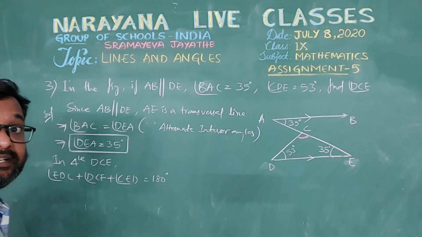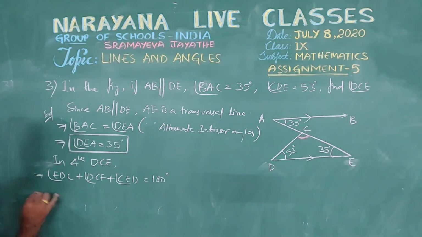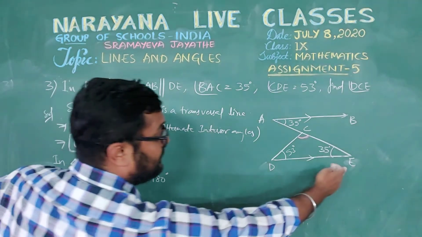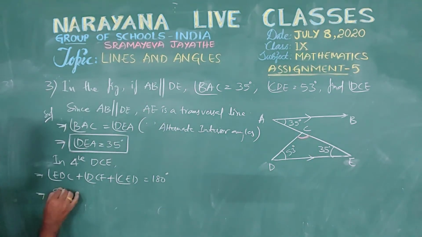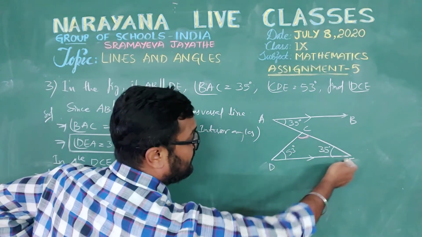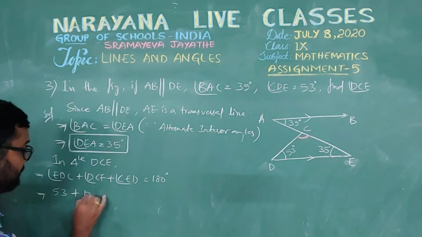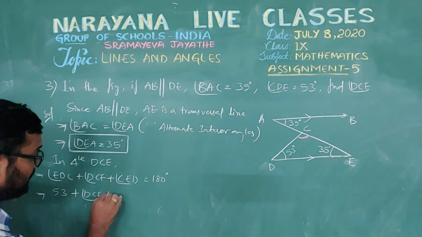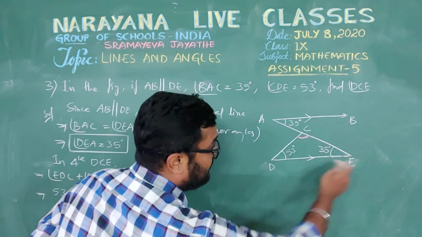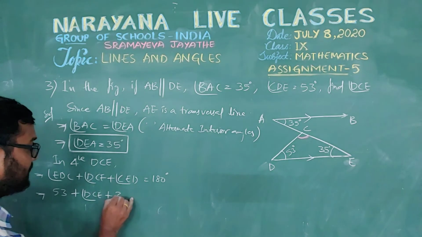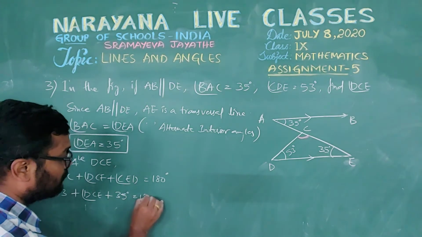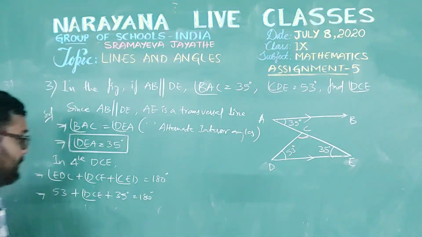Angle EDC is 53 degrees, plus angle DCE, which we need to find, plus angle CED. What is angle CED? That is 35 degrees, isn't it? Equal to 180 degrees.